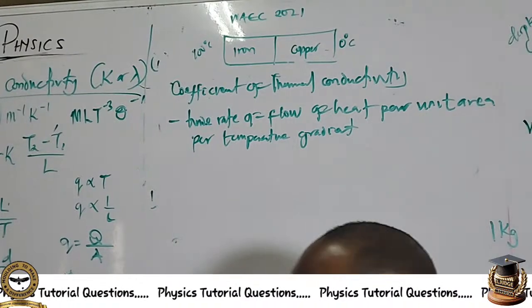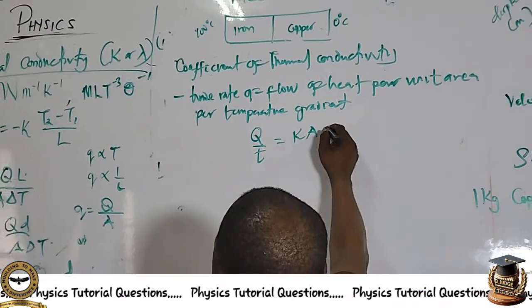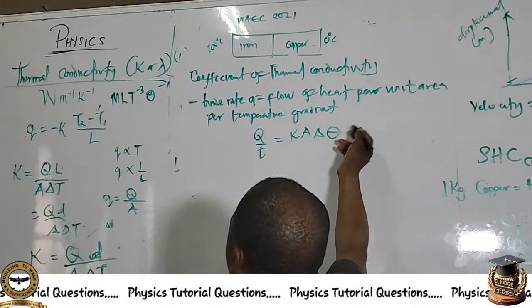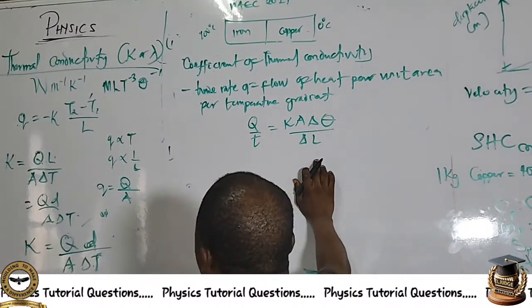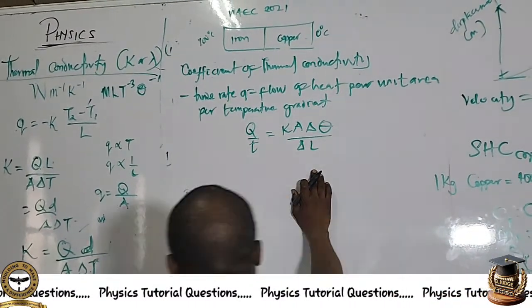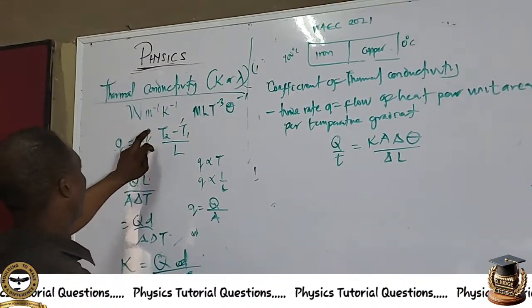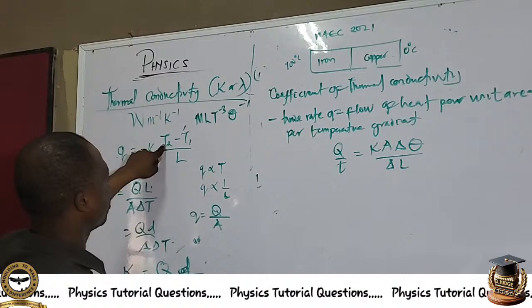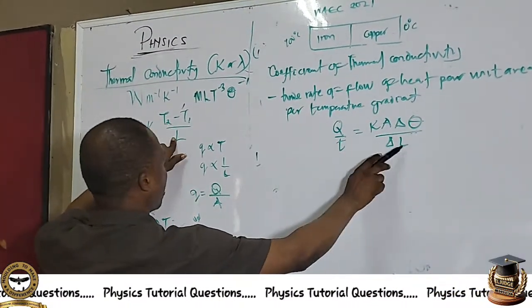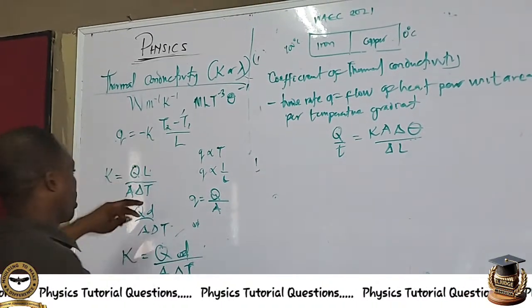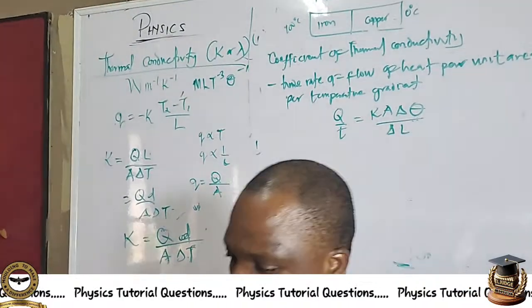We can write that as Q over t equals K A change in theta over change in L. It's just like the one we wrote before, only the area was missing. So we have the change in theta, the change in L, and we also have the area. That's the equation we can use for such a question.